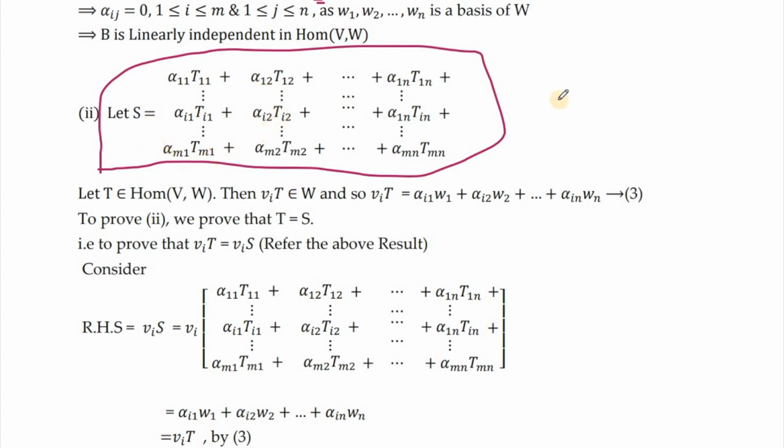If you are able to show that any arbitrary element T in Hom(V, W) is written as a linear combination of elements of B, then you are through.